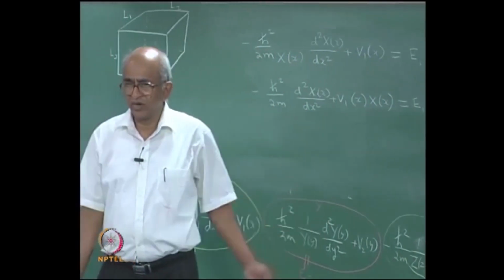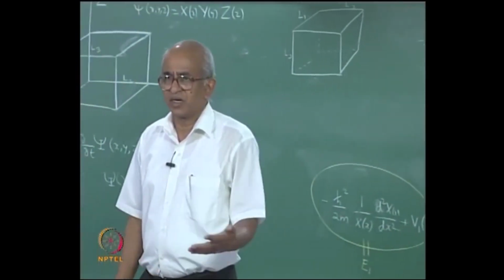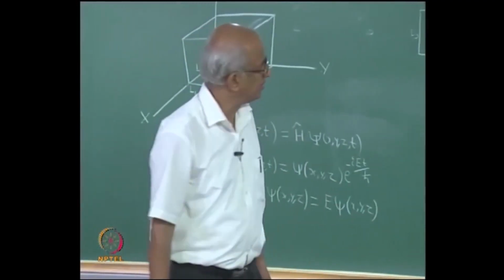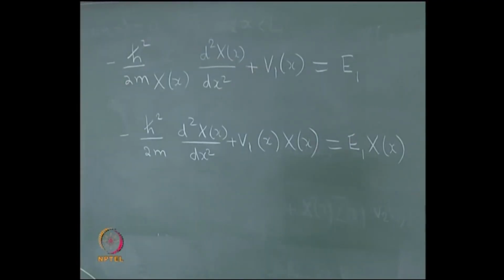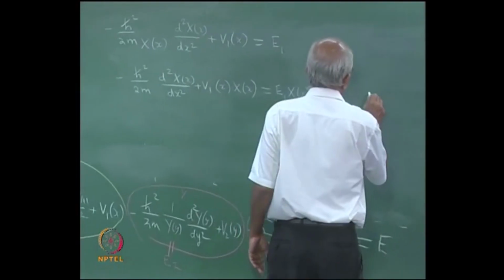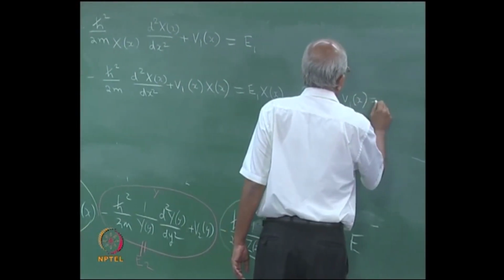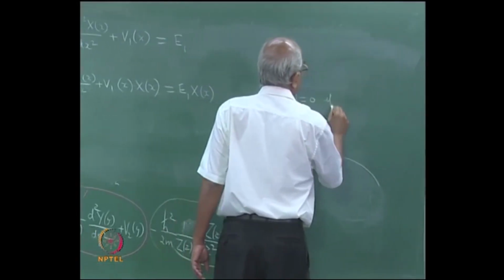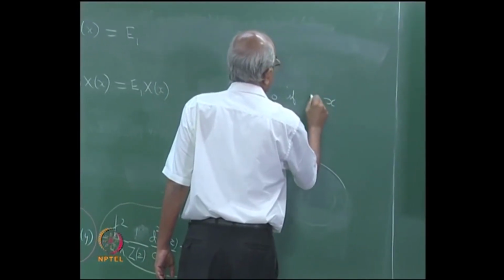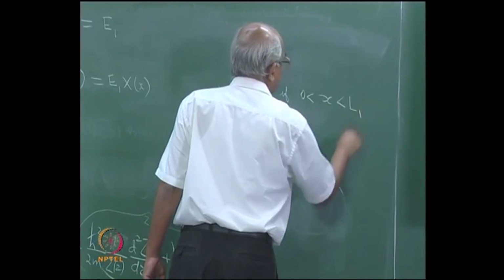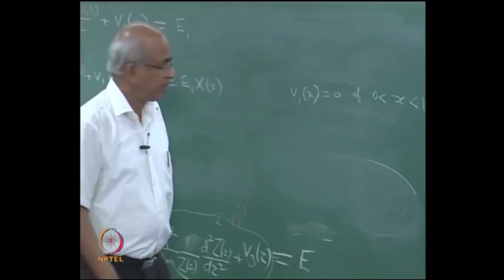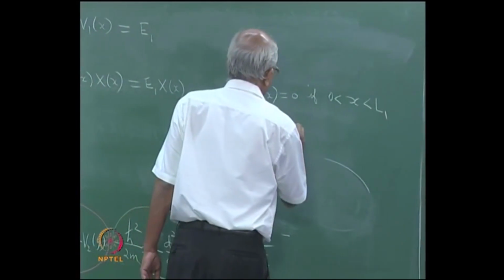So, this is an ordinary differential equation for capital X, which I will try to solve. But before I try to solve it, I want to remind you what V1 of x is. It is there in your notes, but V1 of x is defined to be equal to 0 if x is between 0 and L1, and it is equal to infinity otherwise.